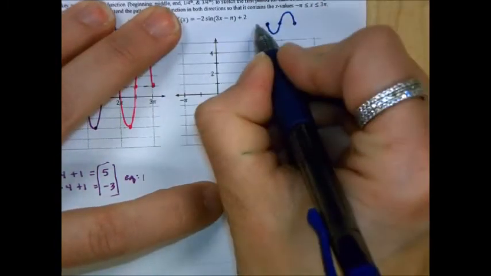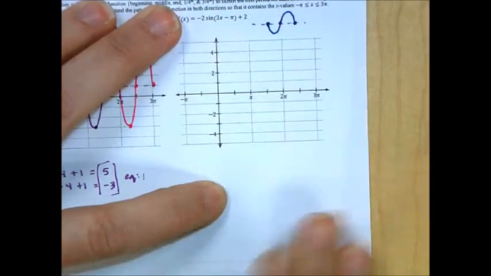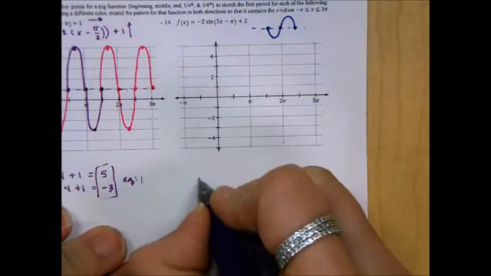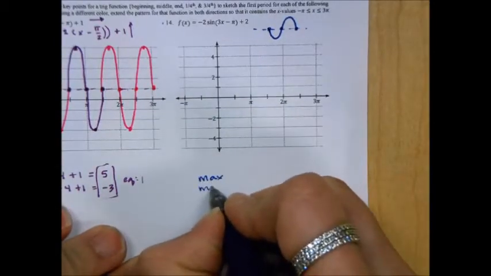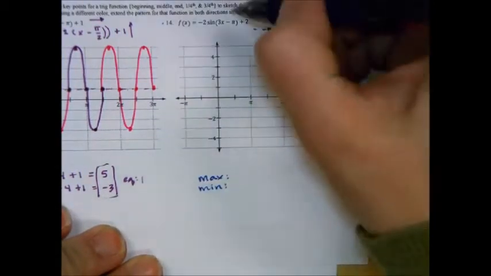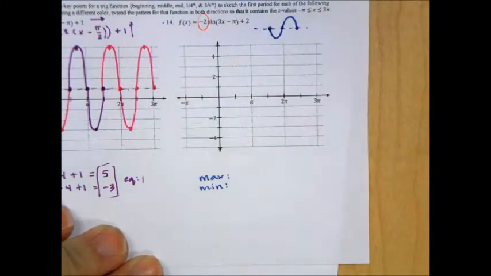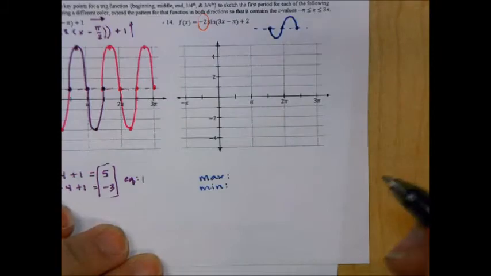Okay, and you can actually determine the max and the min before you get started on too much. So you just look at that leading coefficient to get your amplitude. So the amplitude should be 2. Okay, so my maximum should be 2, the minimum should be -2.